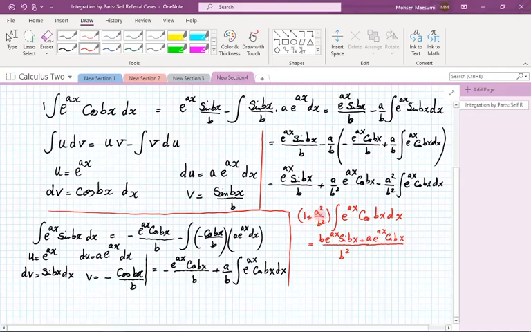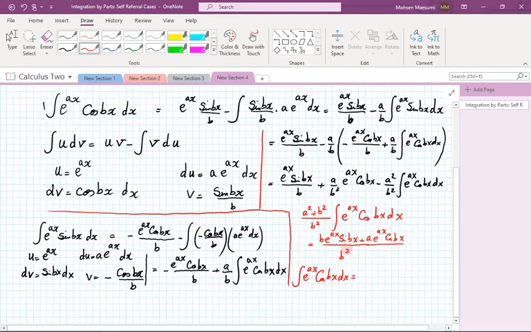Okay, the left hand side, let's do it the following way so I can squeeze everything here. So in the left hand side, I just take a common denominator, it's b squared, and here I'll have a squared plus b squared. So I'm going to take the right hand side, divide by the coefficient of the left hand side, and out comes the following: integral of exponential of ax cosine of bx dx. b squared and b squared cancel out, that comes in the denominator.